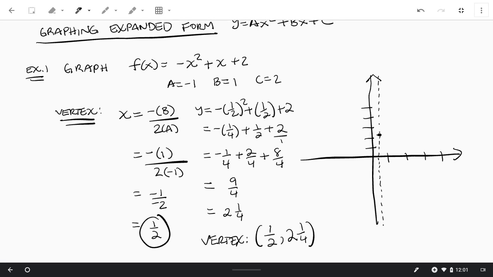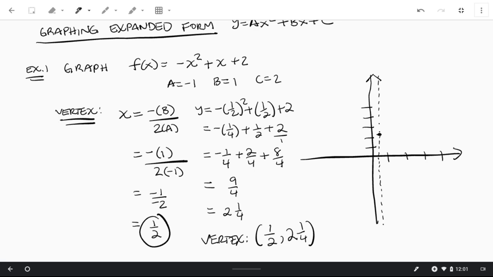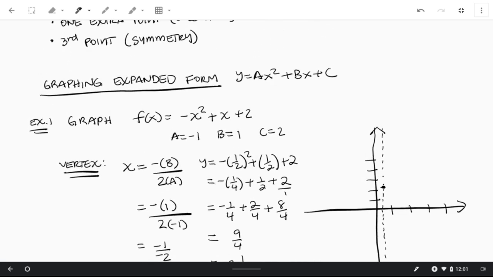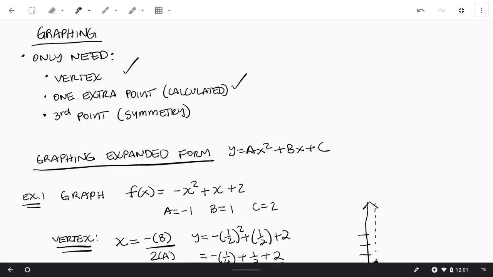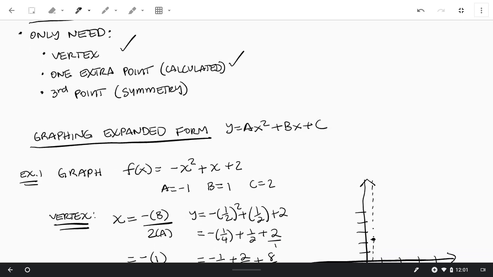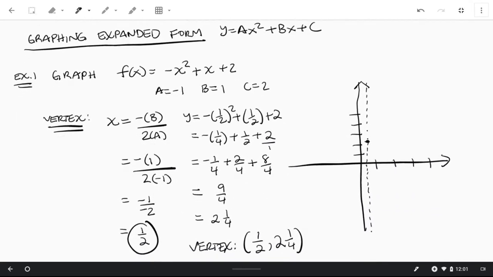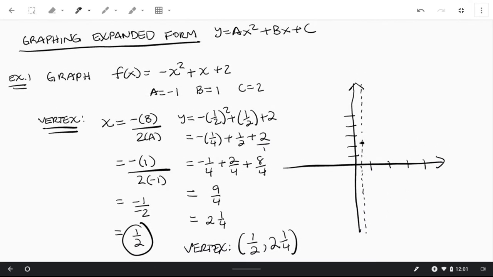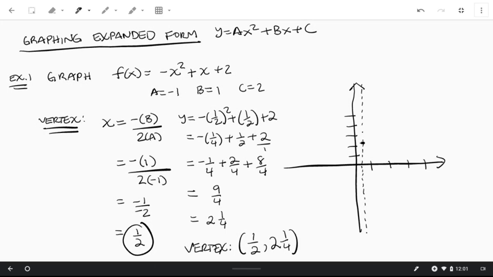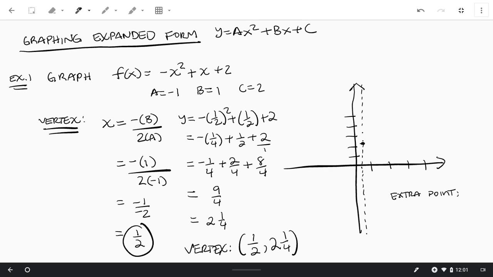Okay. And now, so we have the vertex, but if we take a look up here, we need the vertex and we need one extra point that we are going to calculate. And then we'll get the third point by symmetry. Okay, so the extra point, I'll do the work over here. So again, to get that extra point, you can choose any x value.